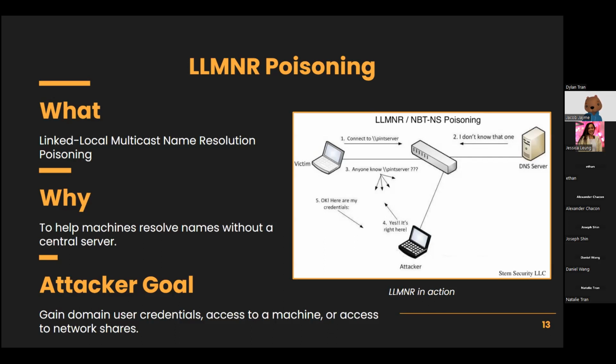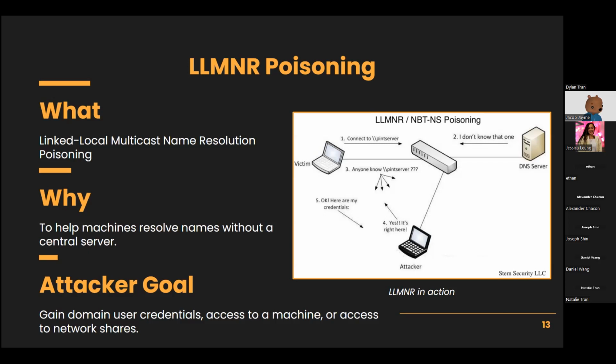And the reason why we're interested in this is you can do some funny stuff with it as an attacker. By poisoning LLMNR, or essentially responding maliciously to LLMNR, we can obtain credentials to users within Active Directory.